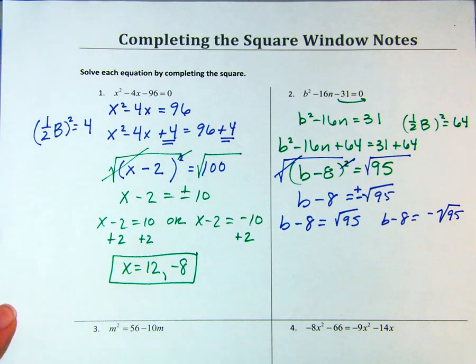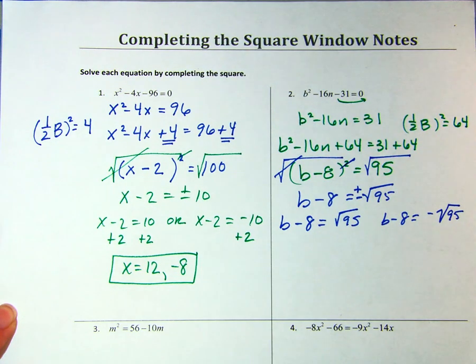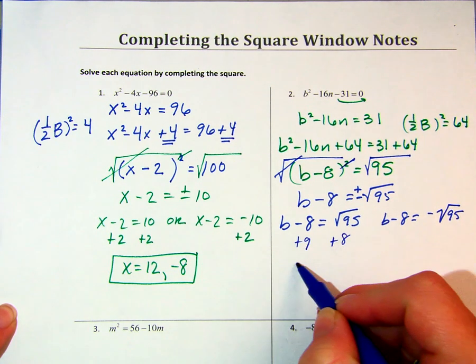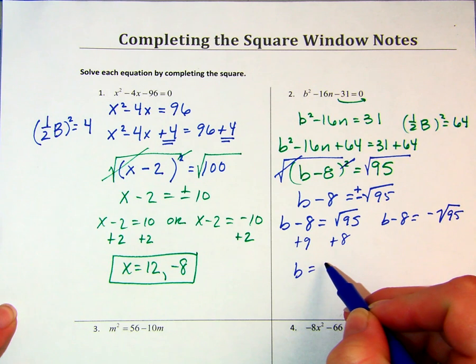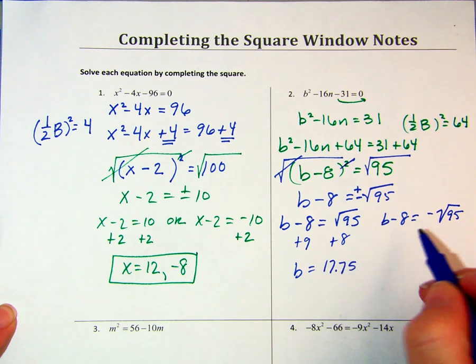Using a calculator, we get decimal answers, 17.75.